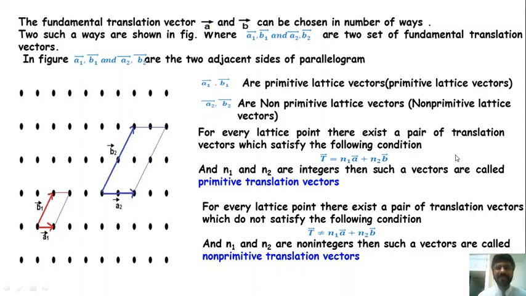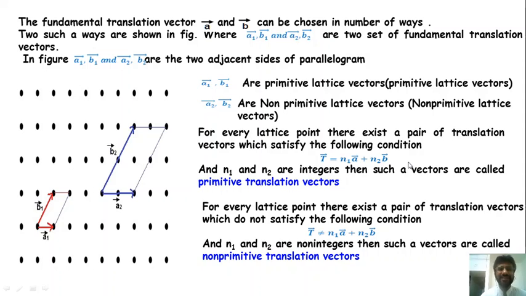So if we apply the translation operation for this space lattice, then the general expression for the translation vector is T equals n1 A plus n2 B. Here n1 and n2 are integers.